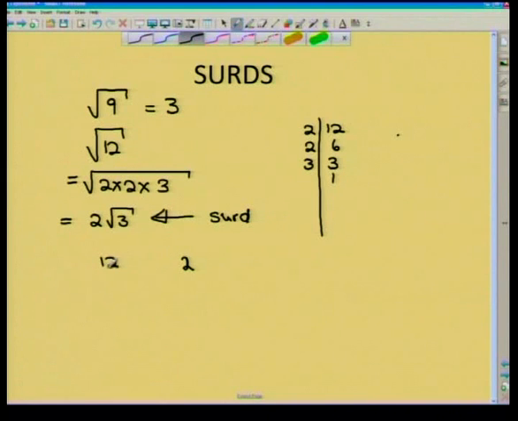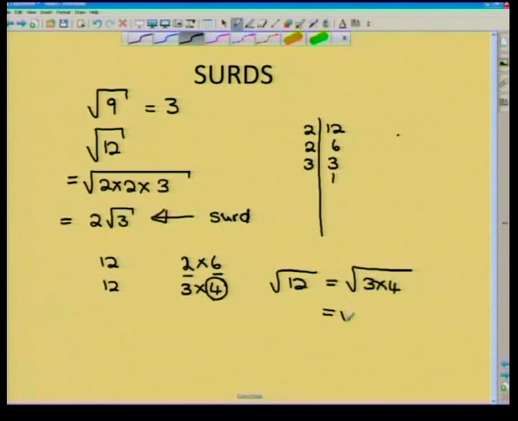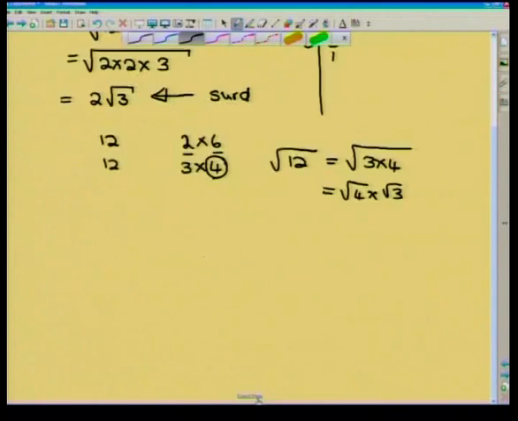If I divide 2 into 12, I will get 6. Neither of those are perfect squares. 3 is the next prime, and 3 will go into there 4 times. Now that is a happy occasion because 4 is a perfect square. So instead of writing root 12, I can write the root of 3 times 4, which is equal to the root of 4 times the root of 3.